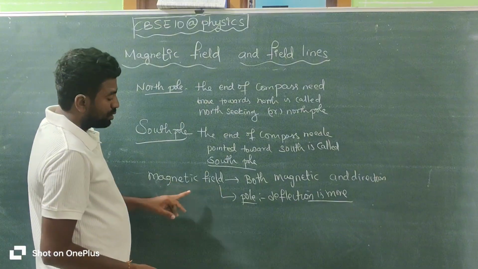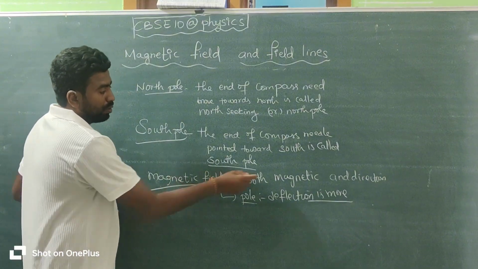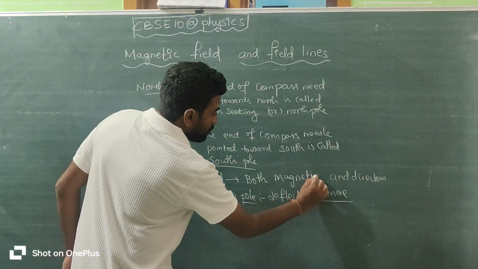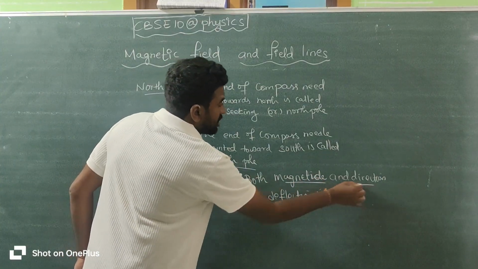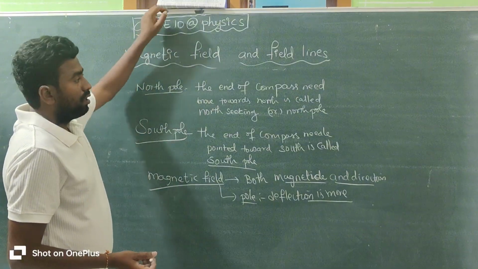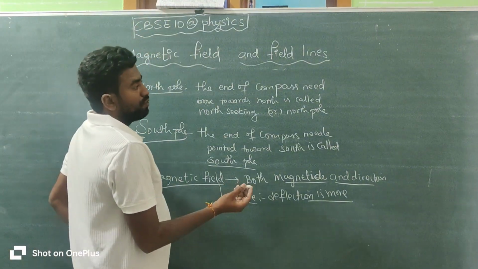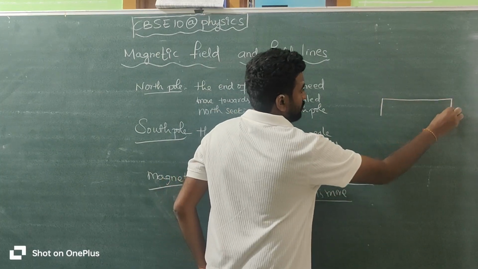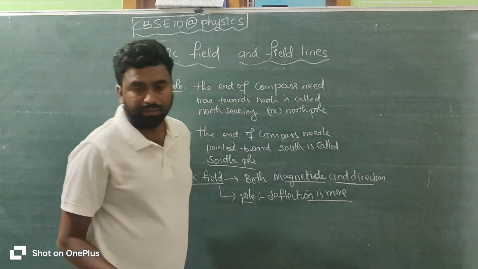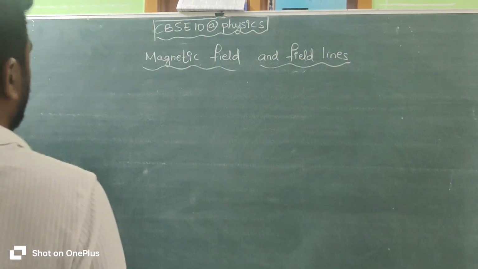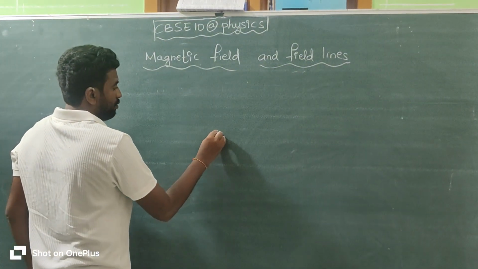Hence, based on this observation, the magnetic field has both magnitude and direction. Now we can find the direction of the pattern of the magnetic field. Let's draw a pattern of magnetic field lines.